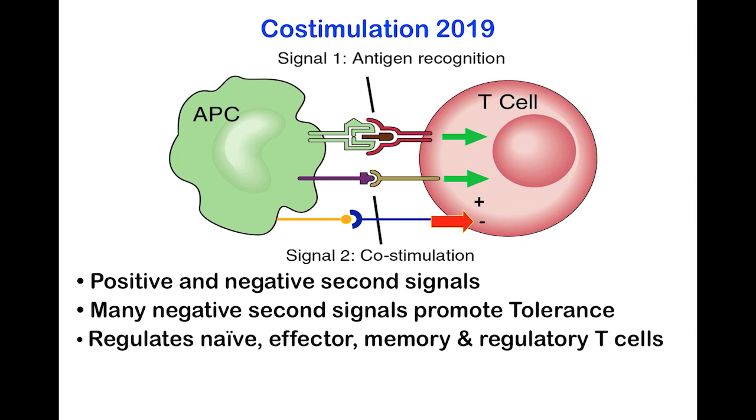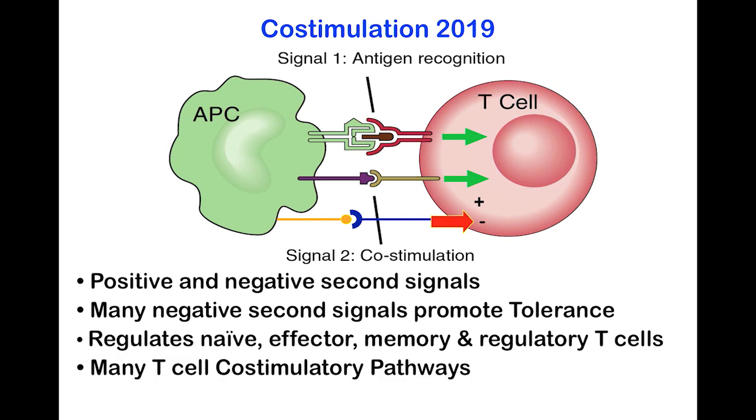They can control effector T cells, memory T cells, as well as these regulatory T cells. And so we now know that there are many T cell co-stimulatory pathways. And so this morning, I'm going to focus on just two pathways, because they serve as a paradigm for other pathways, and these are the ones that have translated to therapy.